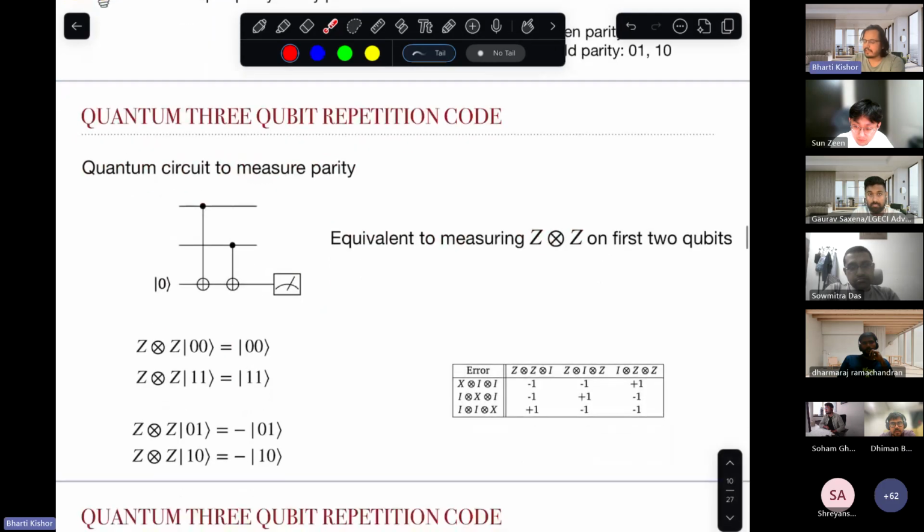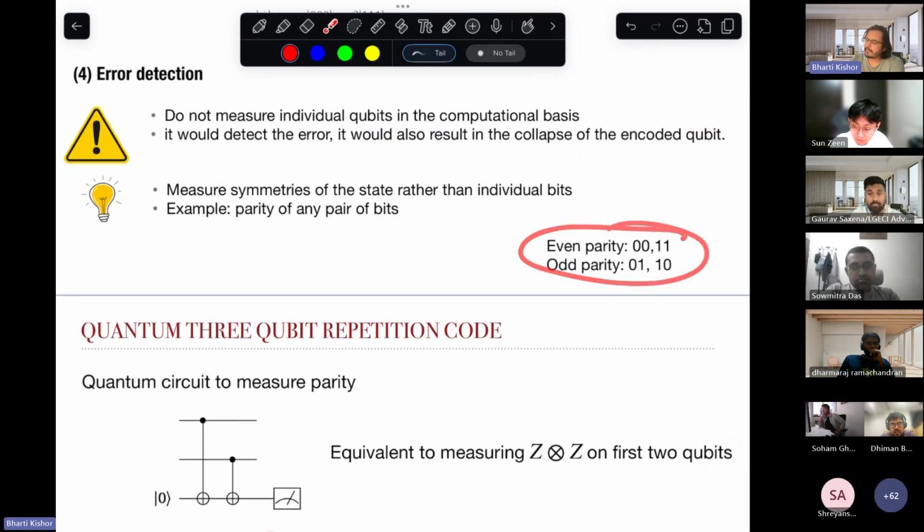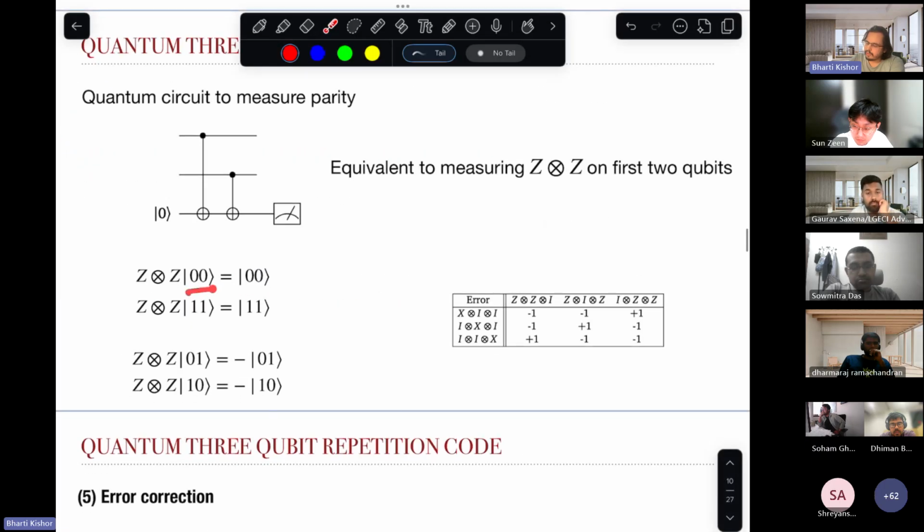So this is a circuit made up of an auxiliary qubit and some CNOT gates, which is equivalent to measuring Z tensor Z on the first two qubits. And if you measure Z tensor Z, it has similar effects to measuring parity. For example, for 0, 0 and 1, 1, under the action of Z tensor Z there is no minus sign; it's like plus one in front of it.